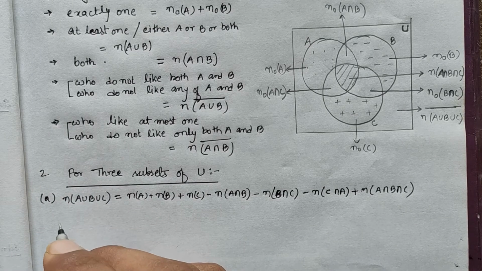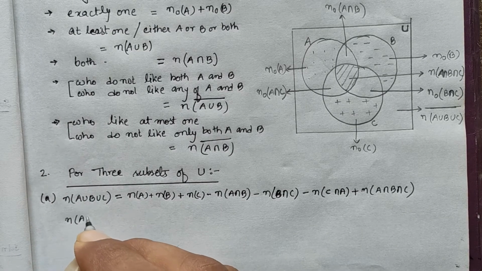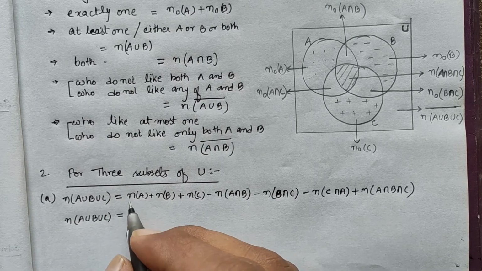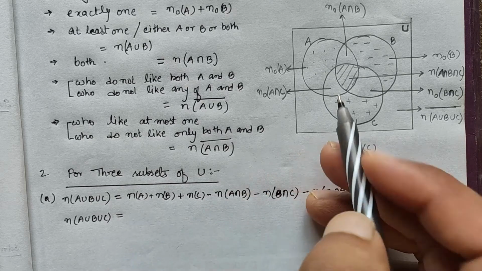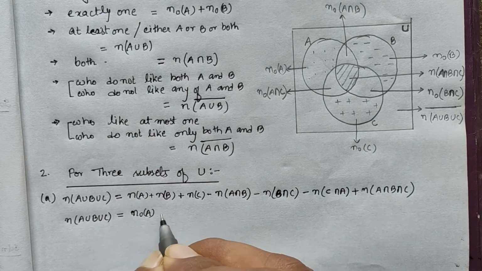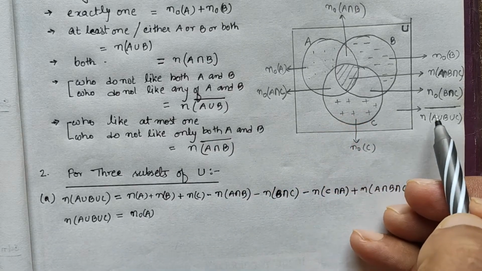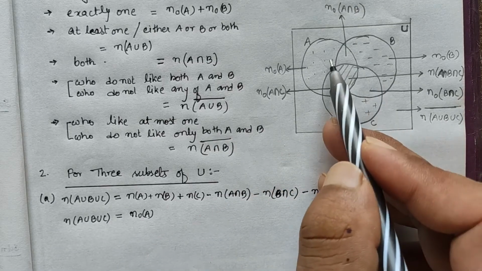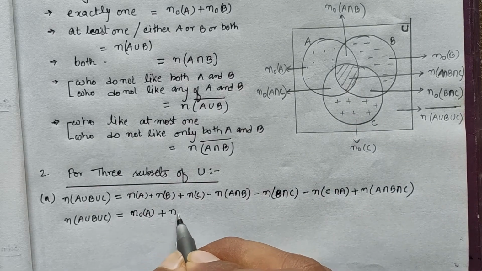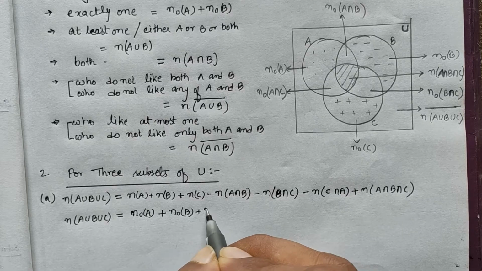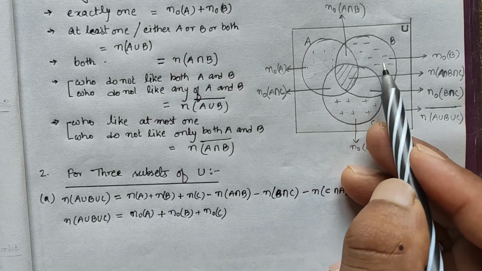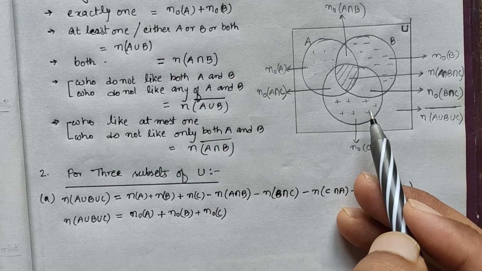So another formula from the figure for A union B union C: let's start from only A. Union means without this empty space, we are seeing only inside the A, B and C sets. So n(only A) plus n(only B) plus n(only C). This dotted part, this dashed part and this plus part are added.